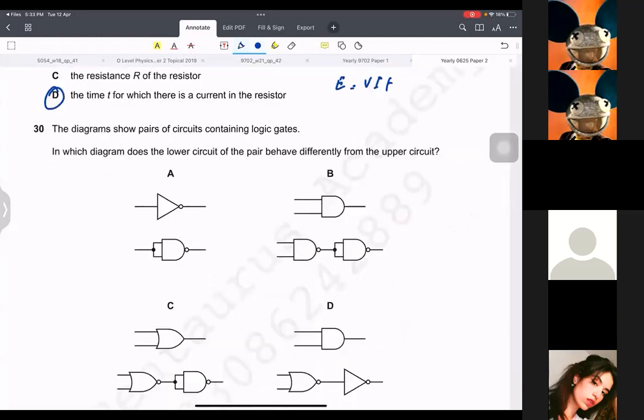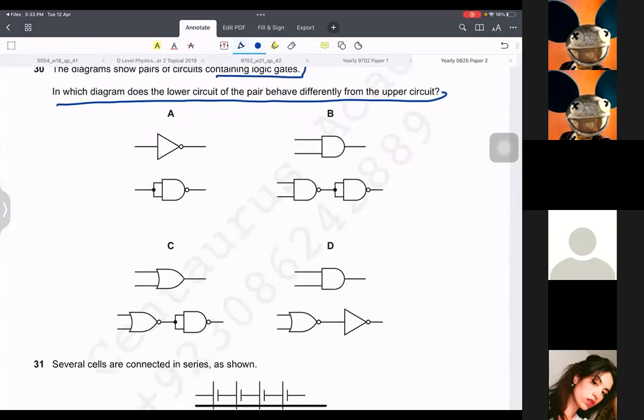Then which diagram shows a pair of logic gates? Which diagram shows the lower circuit paired differently from the upper circuit? Okay, if there is one, it would produce 0. No, it would produce 1 and then it would produce 0. Fine.